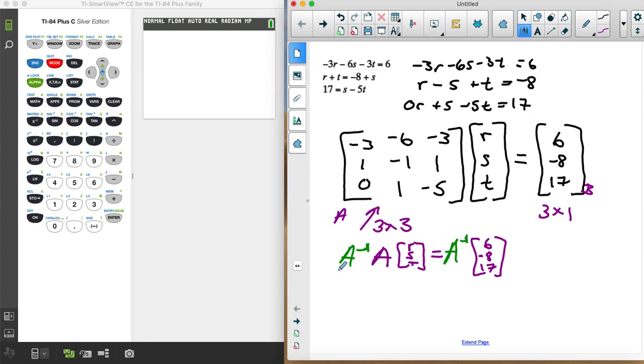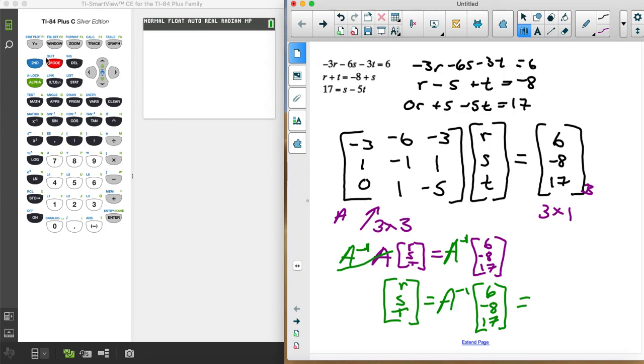When we do this, we'll get the identity matrix, and so we'll be left with RST is equal to A inverse times our column matrix, and that will give us our values that we're looking for.